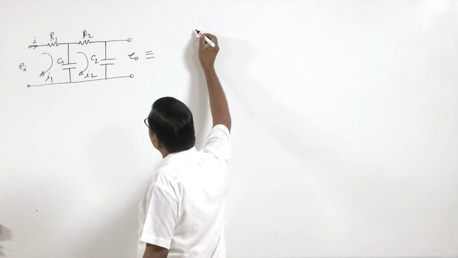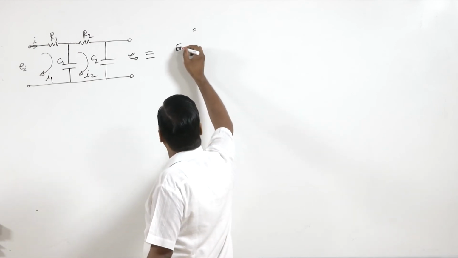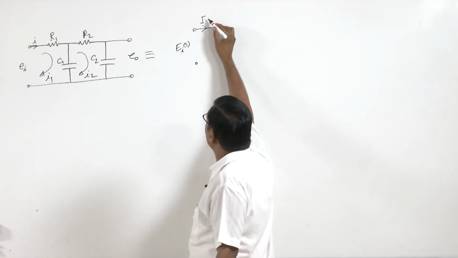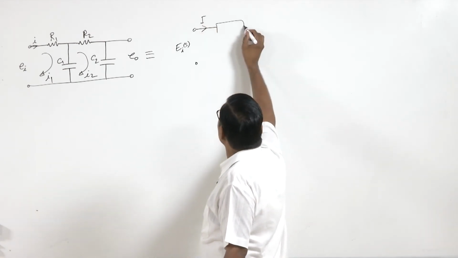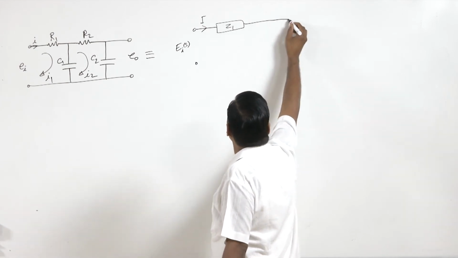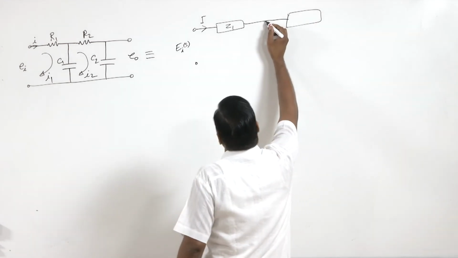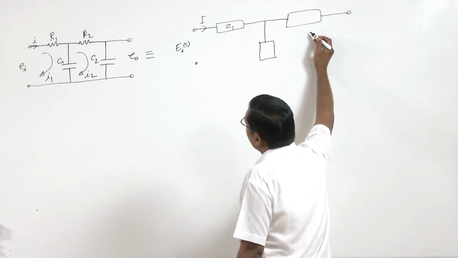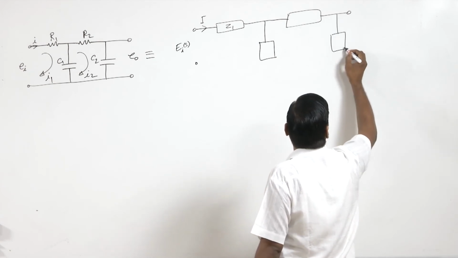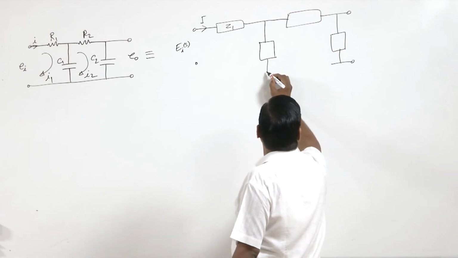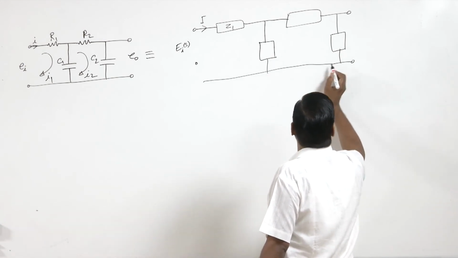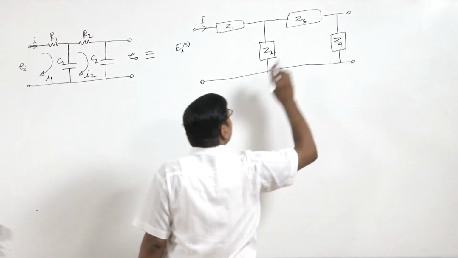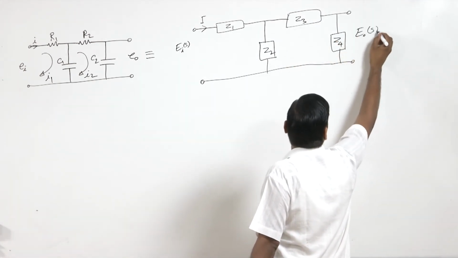So here we have EIS, then we have current I here, of course a function of S, then here Z1 impedance, here we have a capacitor impedance, then here one more capacitor impedance. And this is EOS, the output voltage.